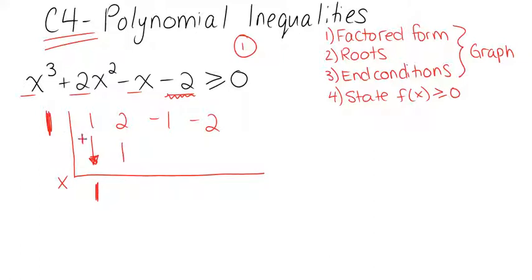Then I add my columns: 2 plus 1 is 3. Then I go through the steps again: 1 times 3 is 3, and -1 plus 3 is 2. Then 1 times 2 is 2, and -2 plus 2 is 0. This final number is our remainder, so we always want that to be 0 if we chose the correct root.